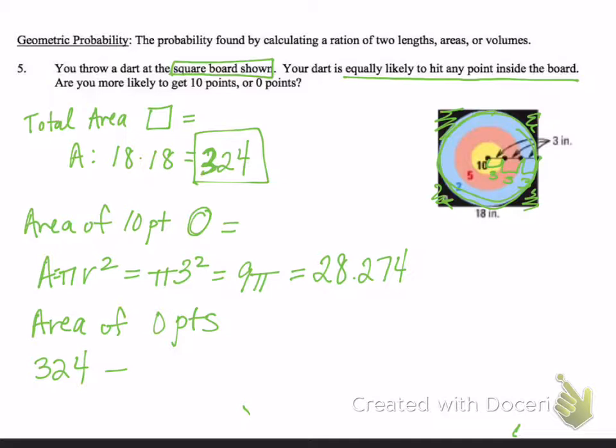And so to find the big circle, it is pi, the radius would be what? 9 squared. So 324 minus 81 pi gives me 69.531.